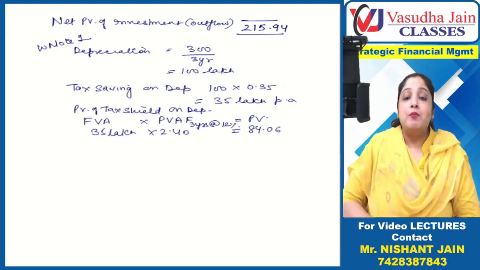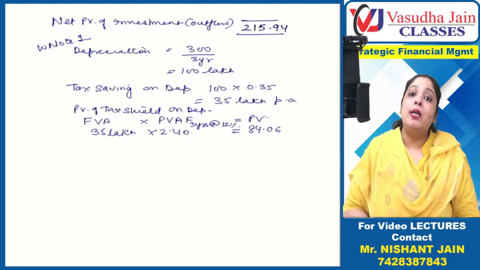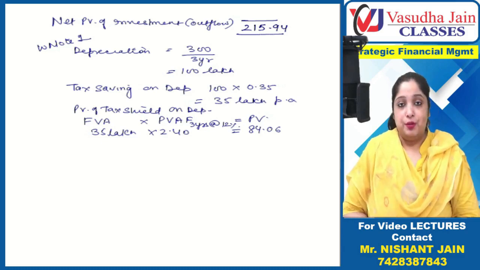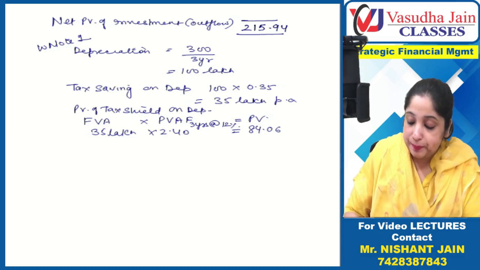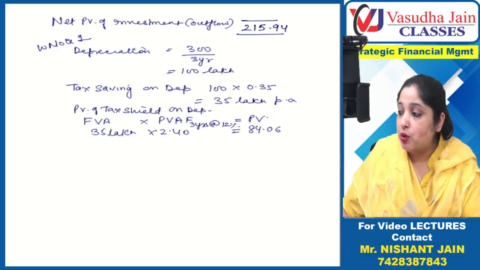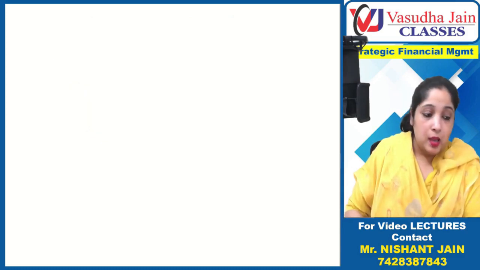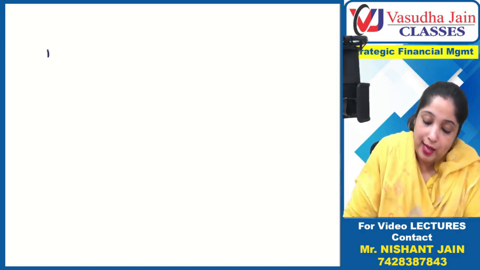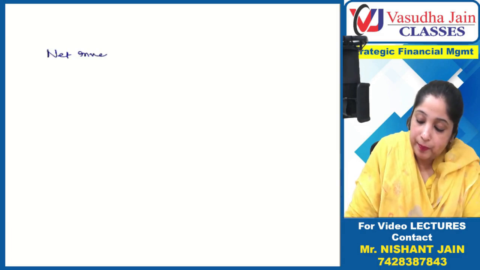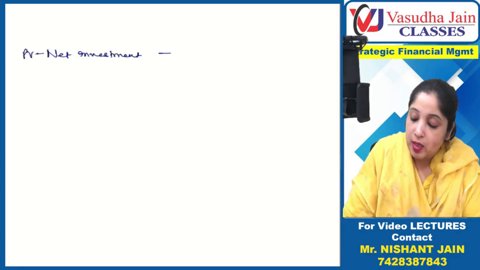Now, if they give this machine to anybody, they want a return of 12%. So basically, I have to compute. Now, a new question is going to come up. The net present value of investment is 215.94.